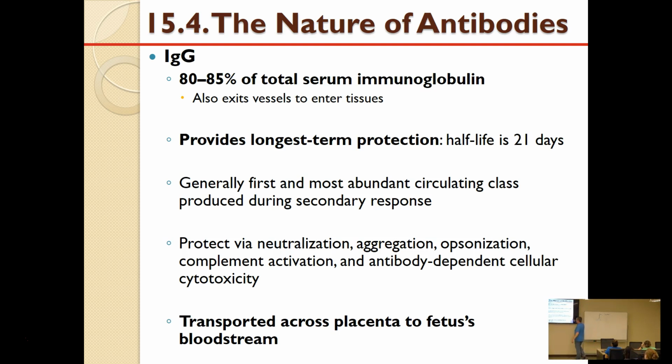And as I just pointed out, it's transported from placenta to the fetus bloodstream, right? So we can actually move it back and forth. This is something we're going to talk about a lot as we move forward too, is that the placenta acts as a very good barrier because that child is foreign to mom's immune system.